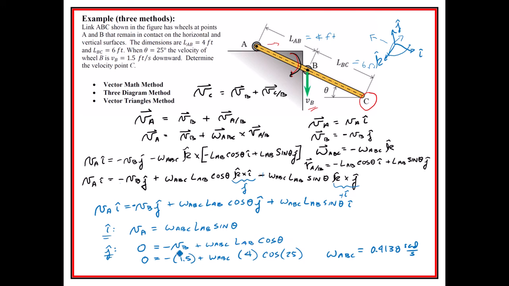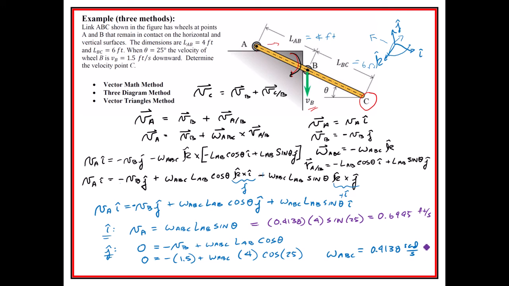We can use that if we wanted to come back up. And a lot of times a simpler question, we might have been asked, find VA. If that was the case, then we could have just gone back up to here and plugged in what we knew, 0.4138 times the length right there, which is 4 times the sine of 25, and we would have found that it's 0.6995 feet per second.